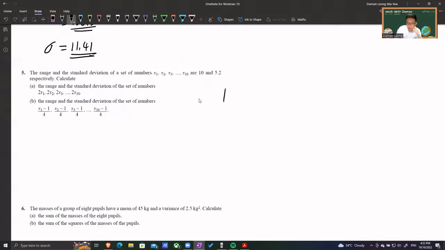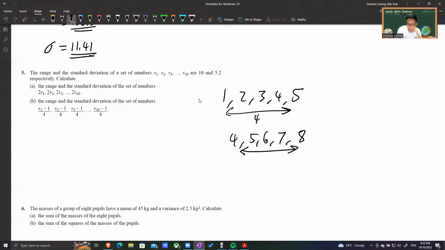Imagine if I have 1, 2, 3, 4, 5. The gap between 1 and 5 is 4. If everything is plus 3, let's say, so 4, 5, 6, 7, 8, the gap between the first and last number is still 4.